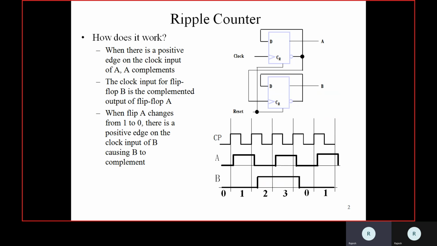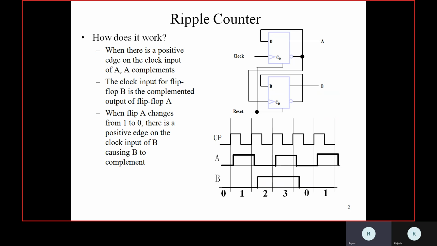In the first flip-flop, where the output is A, we connect the output A bar as input to D. So for every clock pulse, the complemented value is given as the input, and this output is acting as clock to the next flip-flop, whose output is shown as B.